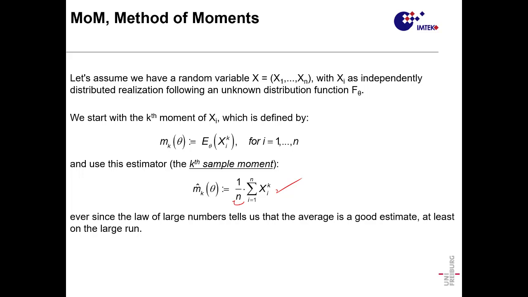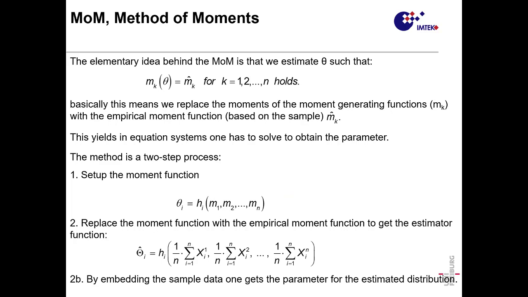So the best estimator at the end is the arithmetic average, right? This will be the moment of some parameter theta that we want to estimate, all right? So this is how we do it.